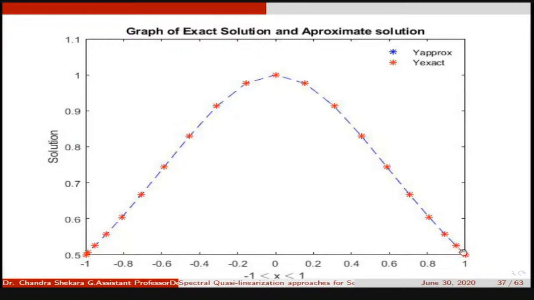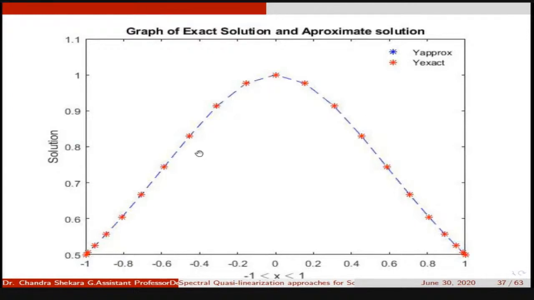This is a very important point I explained: the collocation points deposited near the endpoints of the interval are more numerous. Therefore, this plays a very important role in boundary layer theory. So this is the required solution. You can see that the approximate solution and the exact solution are almost the same.